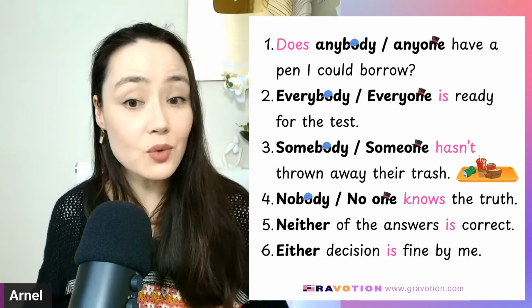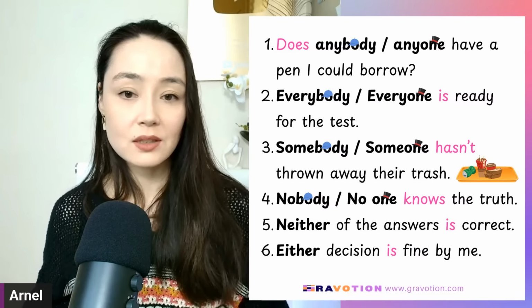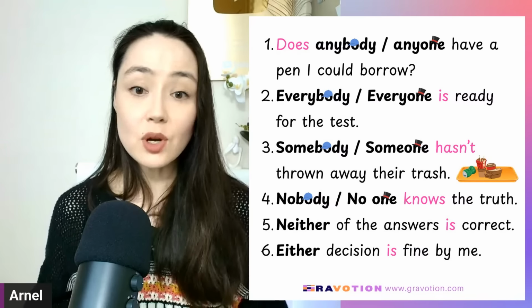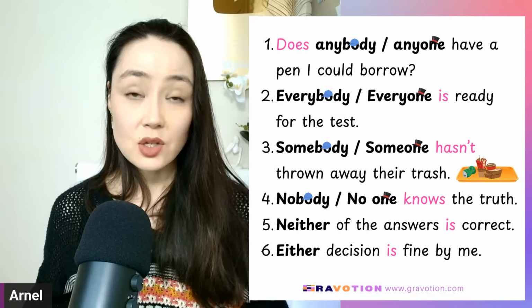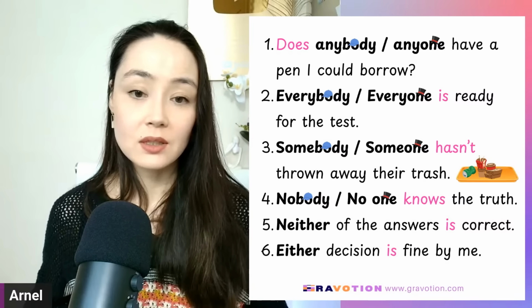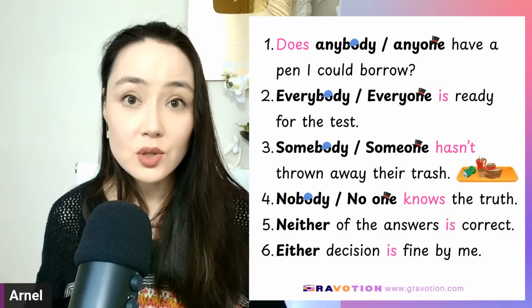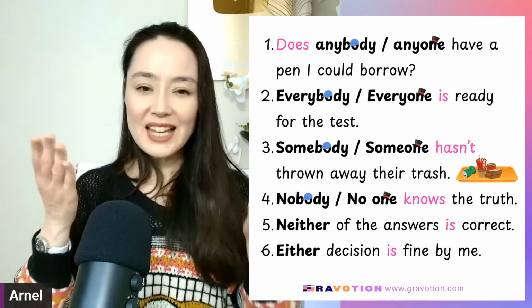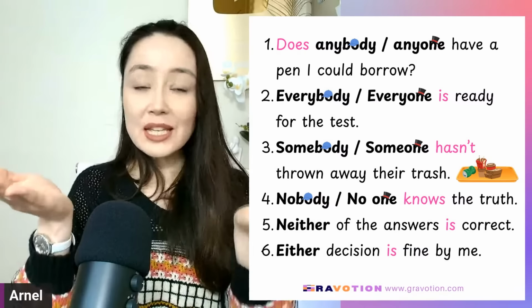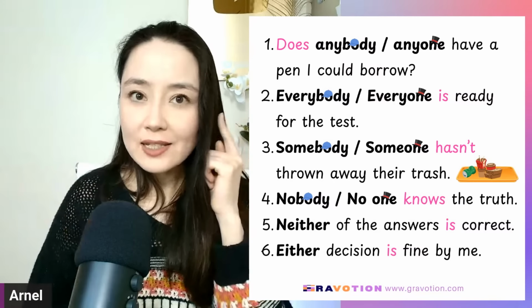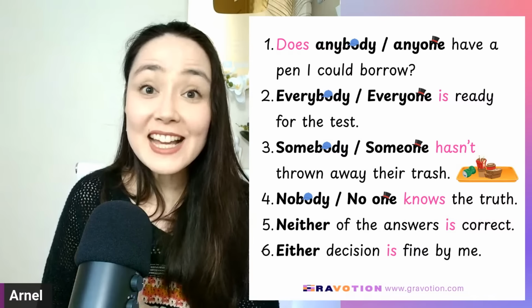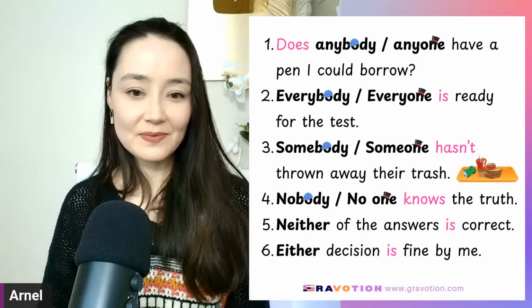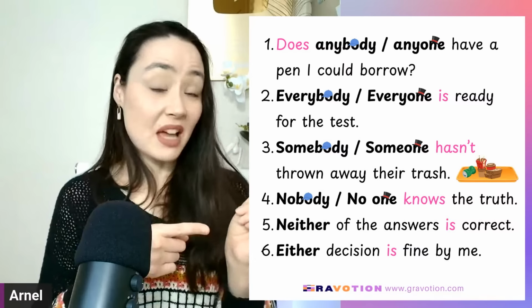Somebody hasn't thrown away their trash. Someone hasn't thrown away their trash. The same. Nobody knows the truth. No one knows the truth. Neither of the answers is correct. That sounds weird, right? Neither of the answers is correct. We need that singular verb. Either decision. I don't care.